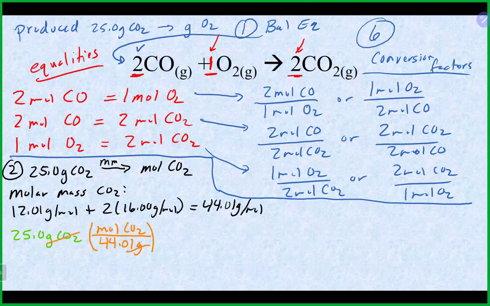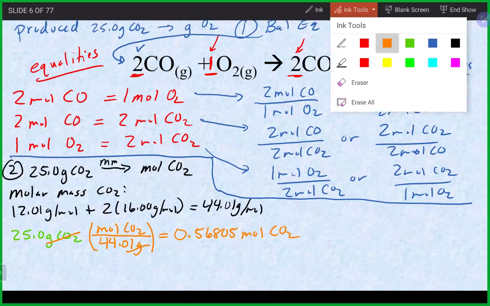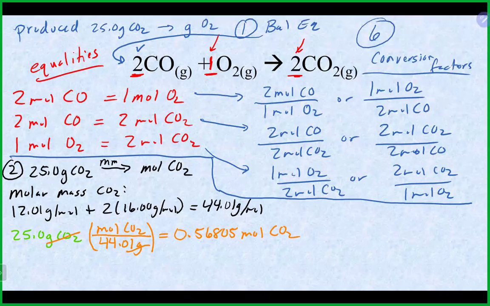If I do that, and by the way, you don't necessarily have to get an answer, but I'm going to do it in each step so you can see the steps, we will get something like 0.56805 moles of CO2. I'm not going to round too much because I'm going to continue on with my calculation.